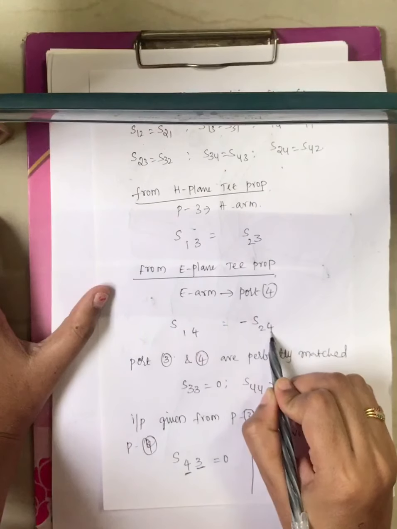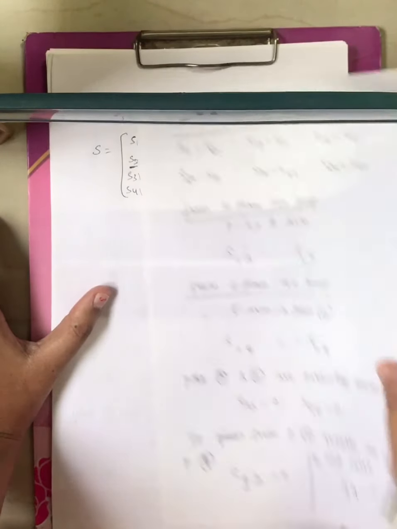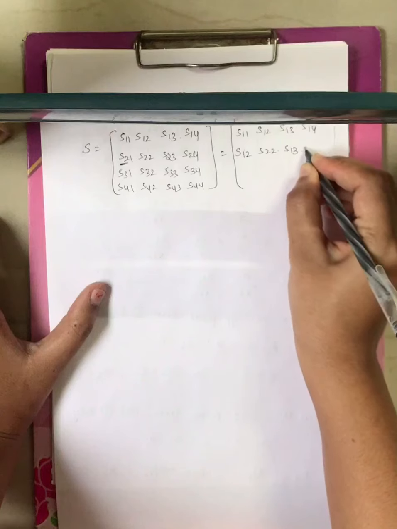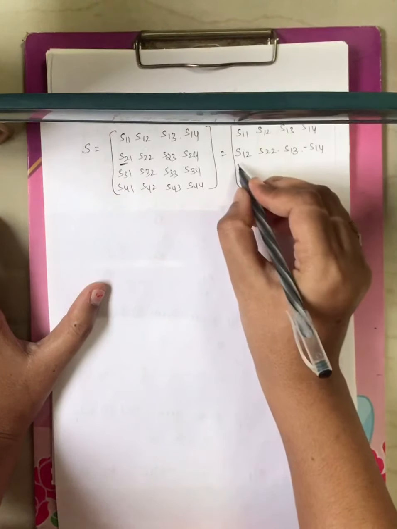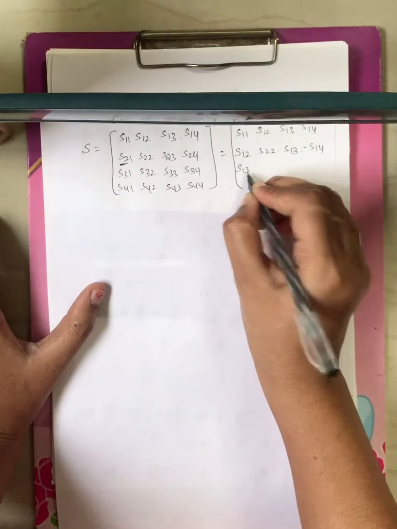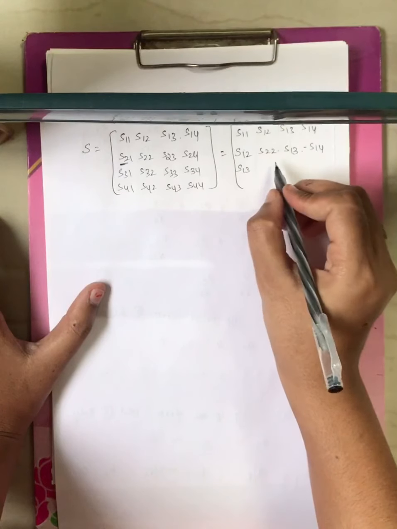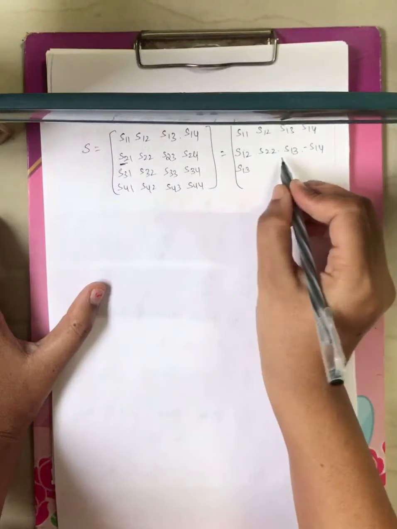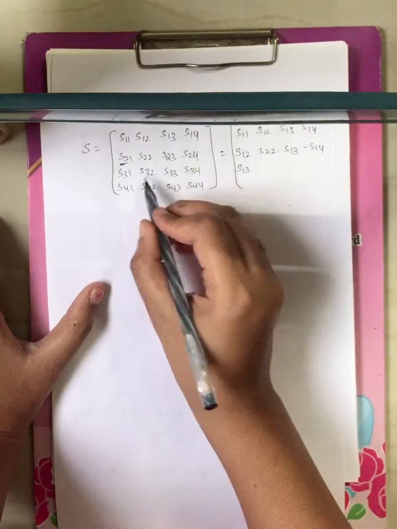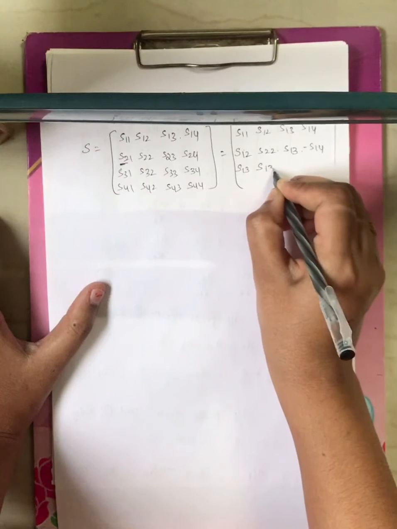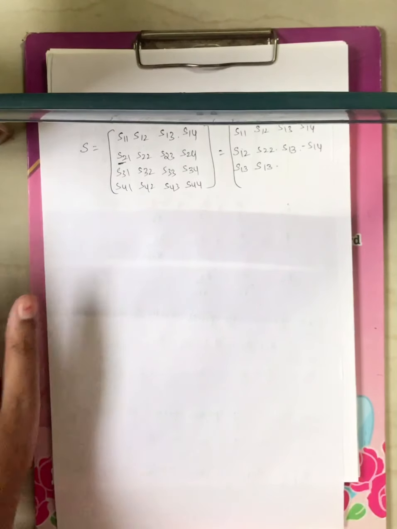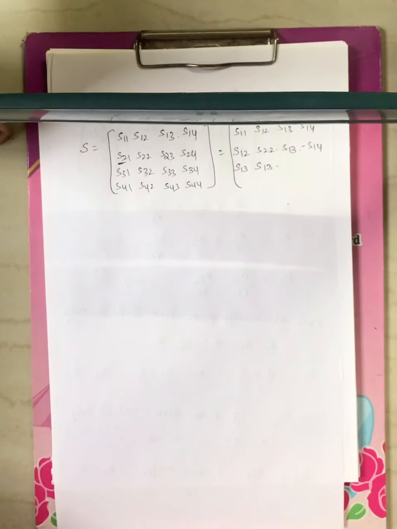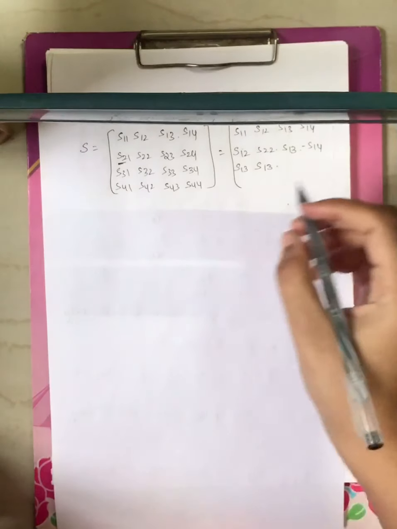From the E-plane T property, S24 equals minus S14. Now what is S31? S13, from the symmetric property. And S32 equals S23 from the symmetric property, and S23 equals S13 from the H-plane T property.